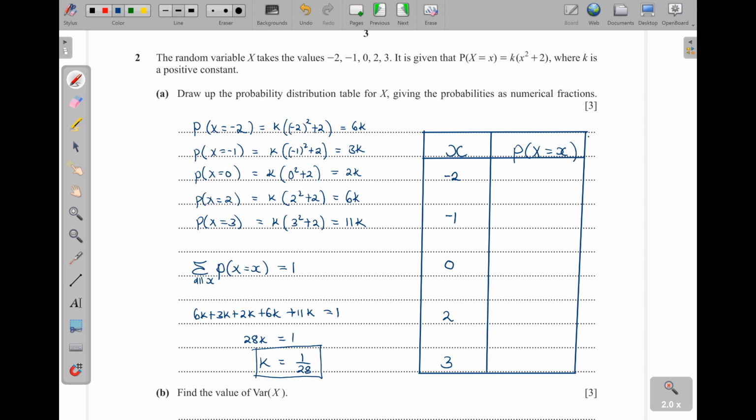For the first one, it is going to be 6 out of 28. Just substitute the value of k. Then here we shall have 3 out of 28. The next one will be 2 out of 28. The next one will be 6 out of 28. And then this one is going to be 11 out of 28. As simple as that.